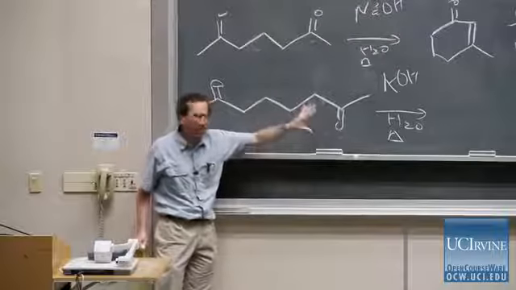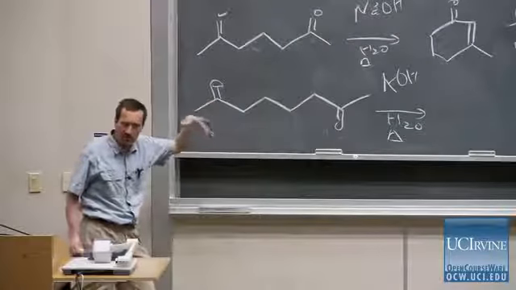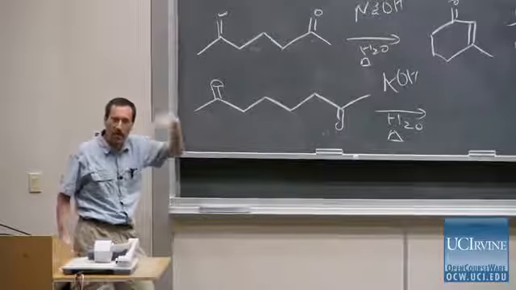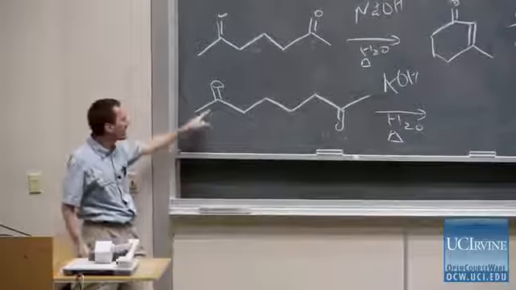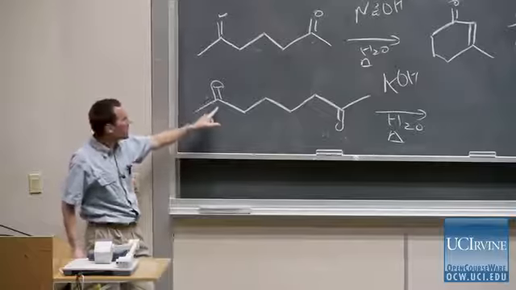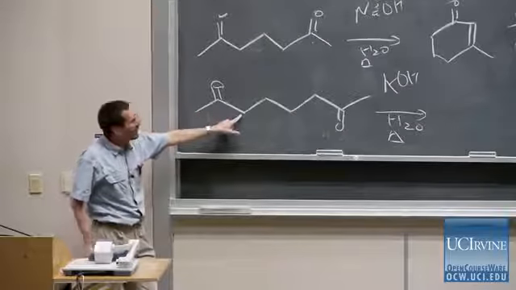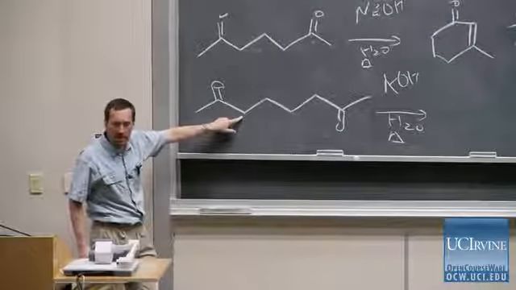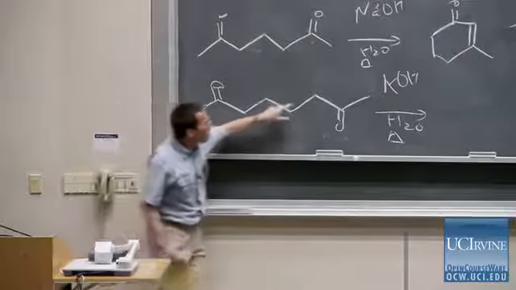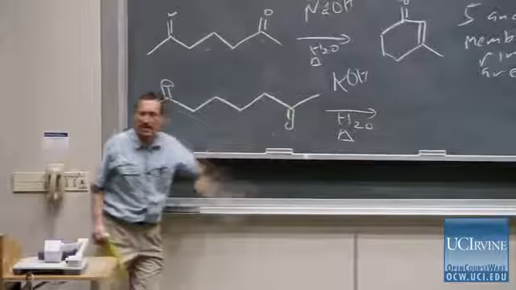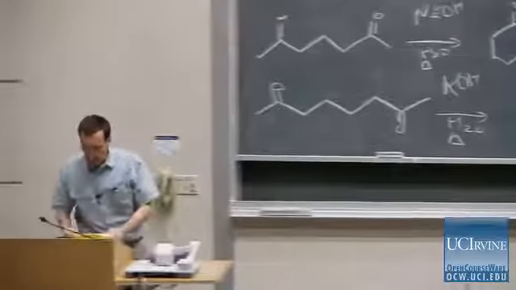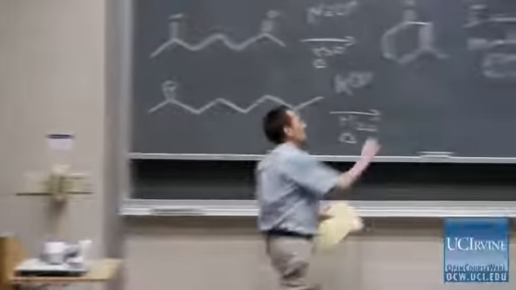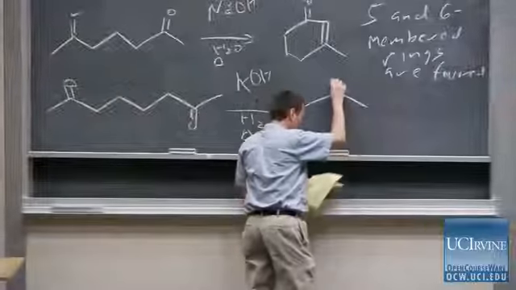As I said, 7-membered rings have a certain form of strain associated with them, with eclipsing and transannular interactions. They don't tend to form. But if we enolize on the more substituted side, now when we envision cyclizing, we can form a 5-membered ring. And that ends up being the product of this reaction.